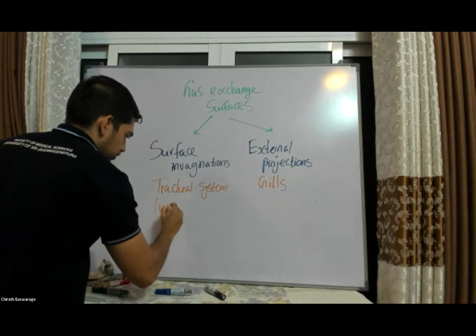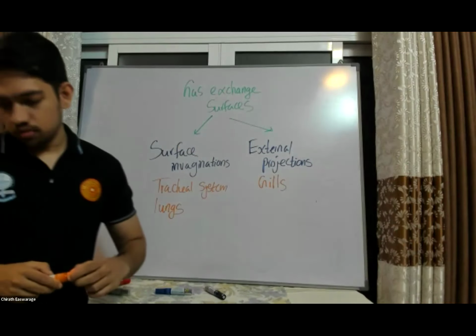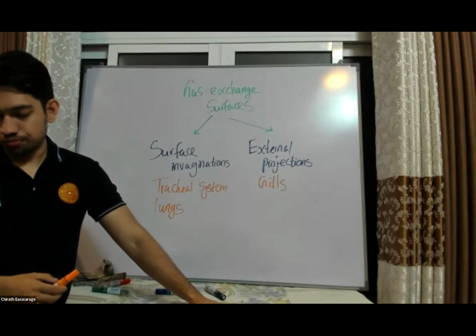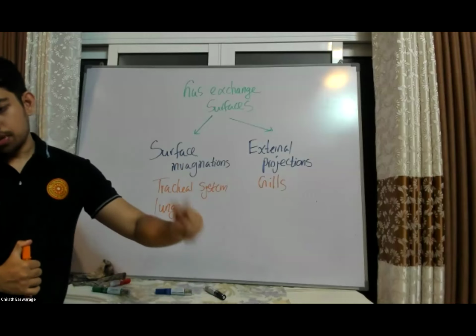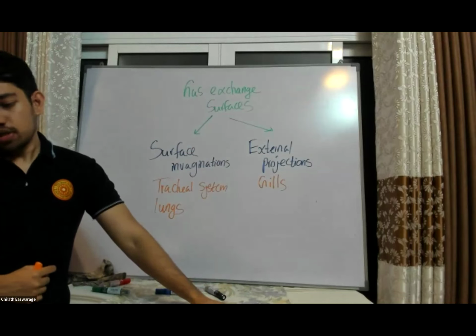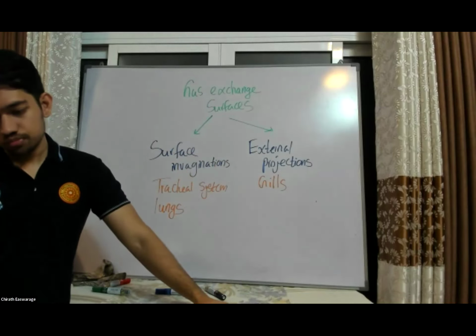Lungs are located inside your body. Understand? Gas exchange surfaces, so you can say respiratory structures even. There are external projections and surface invaginations. These are the examples.